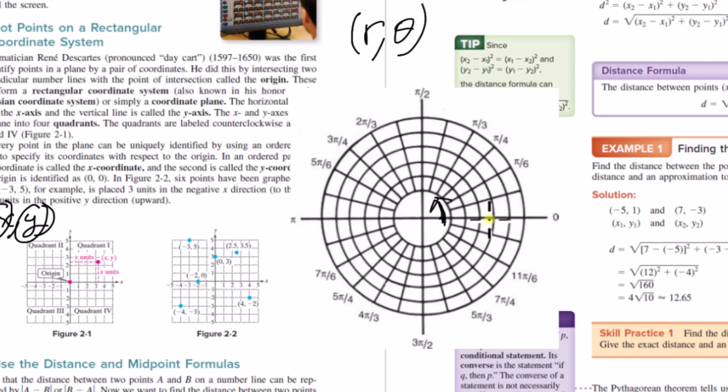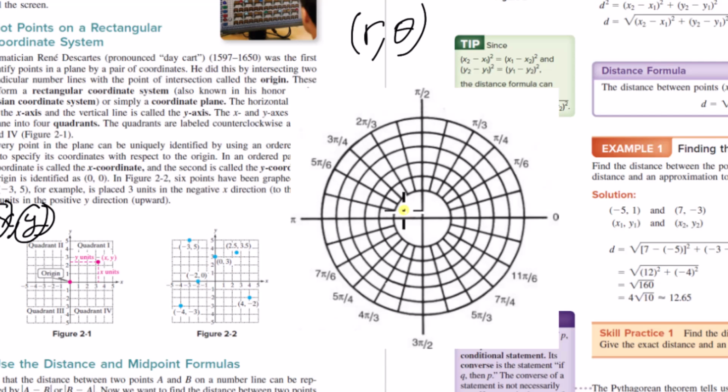So theta is equal to 0 here, and then you go all the way around, and that's 0 to 360 or 0 to 2 pi. But the r is just the straight line distance from the origin in any direction.